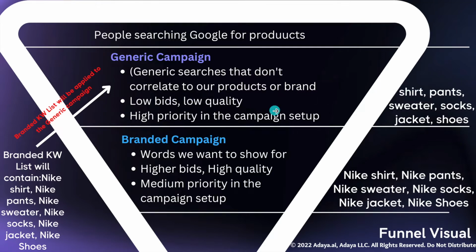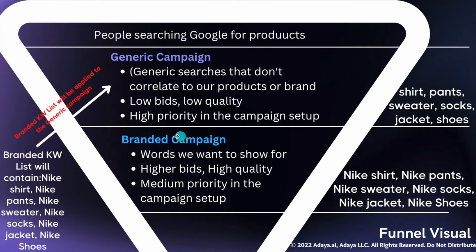This will be high priority in the campaign setup, but for the most part, these are low bids. These are low quality. People are just trying to figure out what they have to buy and from who. So in the middle and the bottom of the funnel, right, we're going past the middle here.